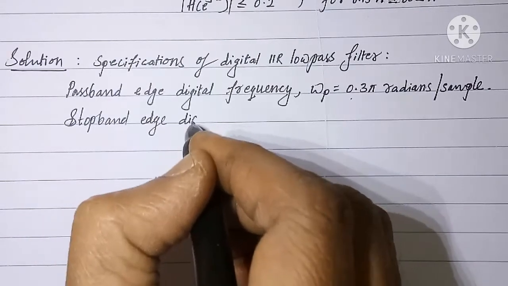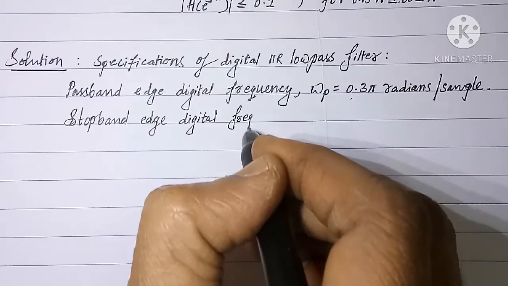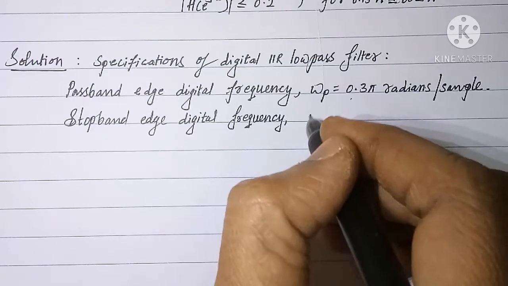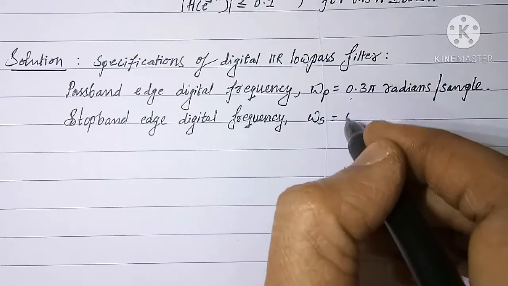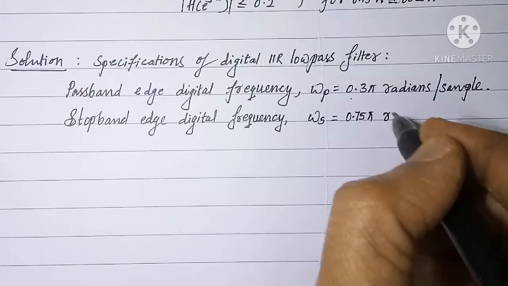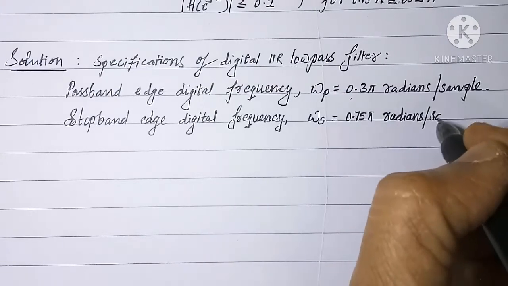Stop band edge digital frequency omega s equal to 0.75 pi radians per sample.